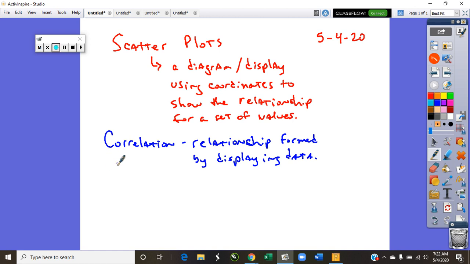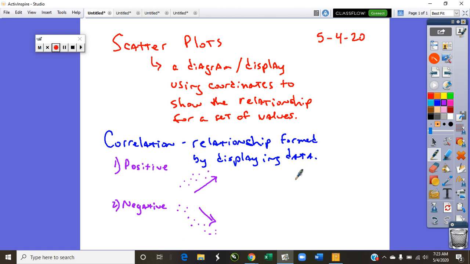Now every problem that you do is going to form a correlation. There are 3 correlations that it could possibly be. The first one is a positive correlation, and that's basically where your plot is pointing upwards. You can have a negative correlation, and that's where the majority of your dots are going in a downward cycle.